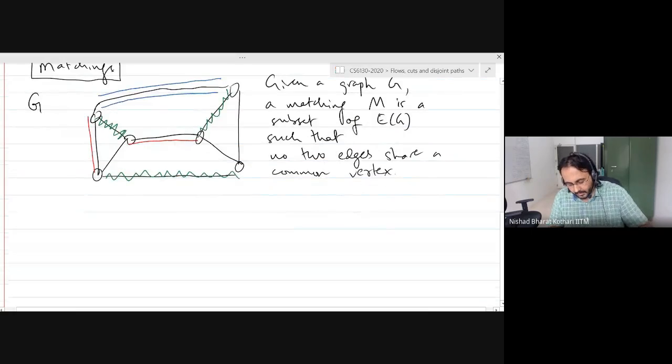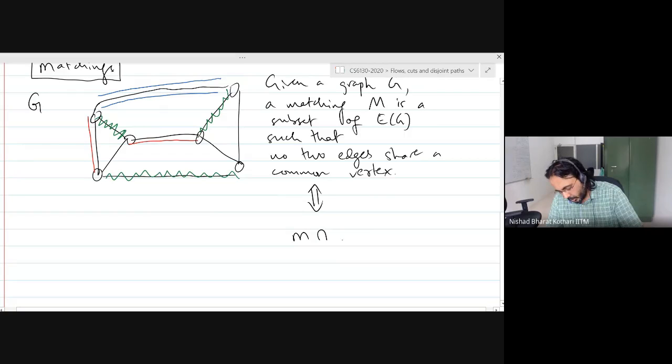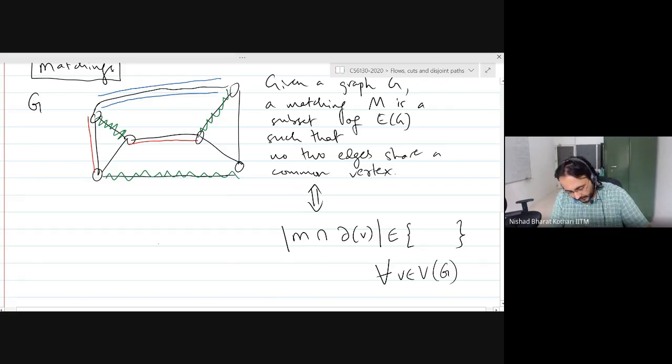Another way to write that is, if you look at any vertex and you look at the cut corresponding to that vertex, how many edges of the matching can you see in that set? 0 or 1.